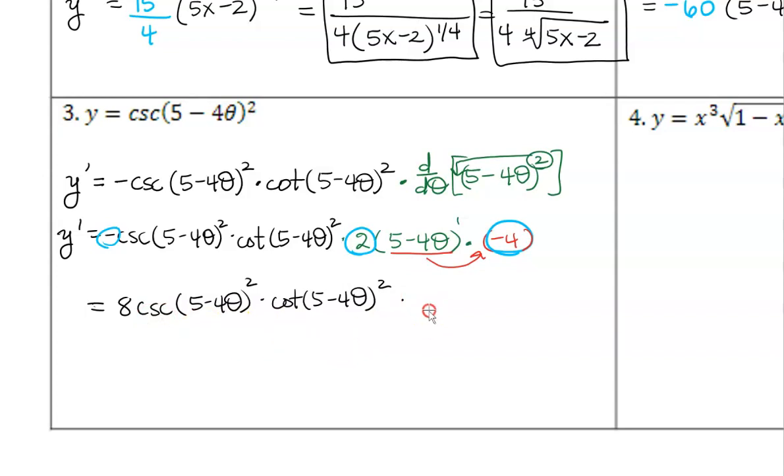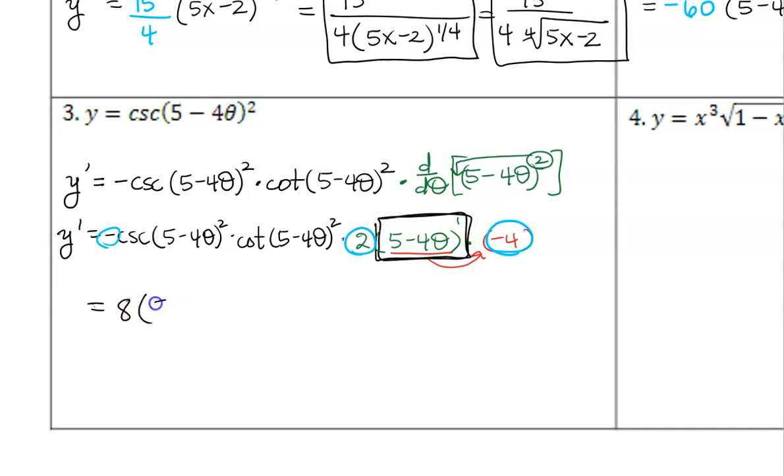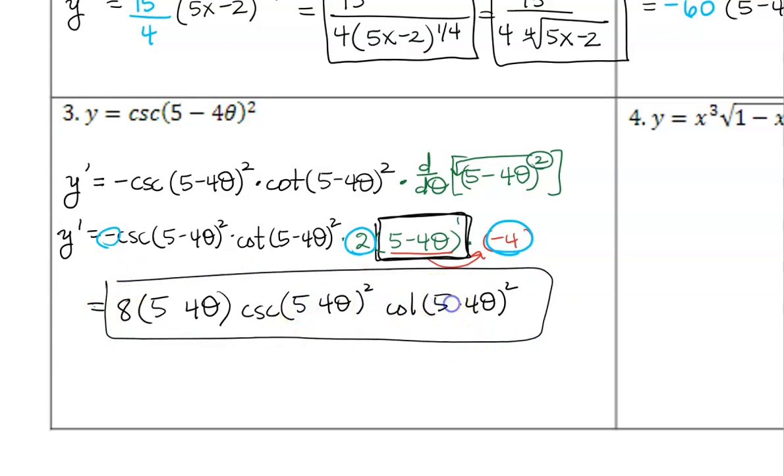I want to stick the 8 in the front because that is not inside of any trig function. And then I'll bring down the cosecant of 5 minus 4 theta squared and the cotangent of 5 minus 4 theta squared. And there's our final answer.